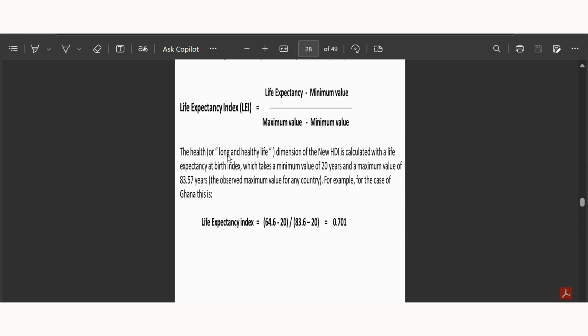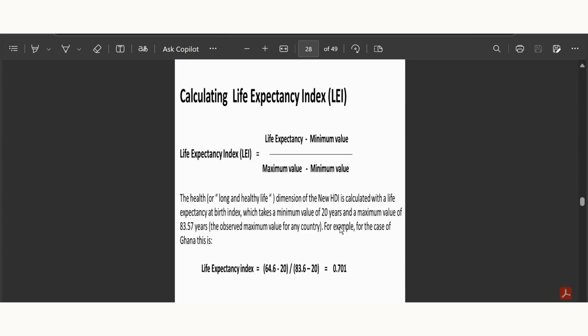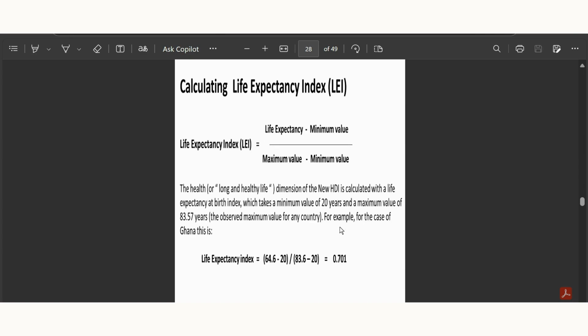For example, the health dimension of the new HDI is calculated with a life expectancy at birth index, which takes a minimum value of 20 years and a maximum value of 83.57 years. For the case of Ghana, life expectancy index equals 64.6 minus 20, divided by 83.6 minus 20, equals 0.701. That was how to calculate the life expectancy index, or LEI.